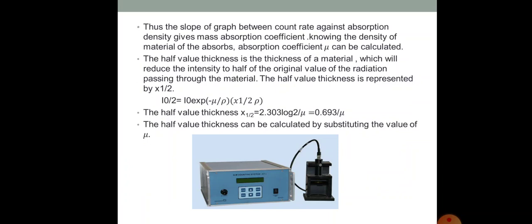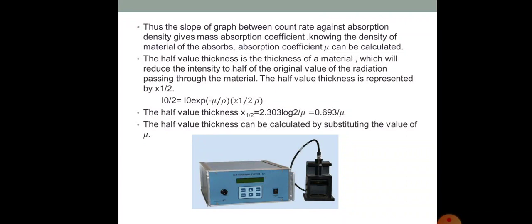Thus the slope of the graph between ln count rate and absorption density gives the mass absorption coefficient, mu by rho. By knowing the density of the material, the absorption coefficient mu can be calculated. The half value thickness of a material is the thickness that reduces the intensity to half of the original value of the radiation passing through the material, represented as x half.